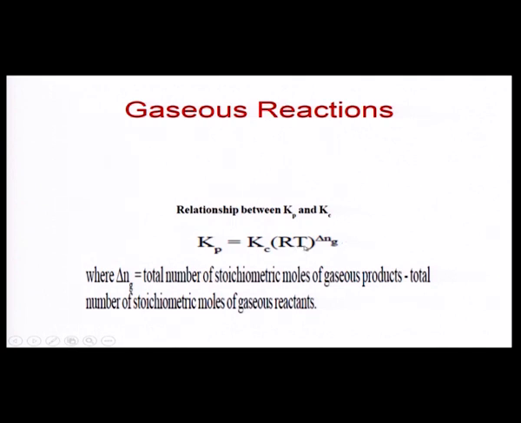Here T is the temperature, R is the gas constant, and delta Ng is the total number of stoichiometric moles of gaseous products minus the total number of stoichiometric moles of gaseous reactants in the particular reaction. This way, it can be governed by the partial pressure of the gaseous reactants. This is a general relationship between the Kp value and the Kc value, and delta Ng is very important.